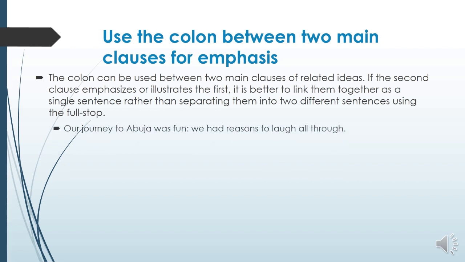Look at this example. Our journey to Abuja was fun: we had reasons to laugh all through. So the second part of it, which is we had reasons to laugh all through, emphasizes the first part of the sentence, that is the first main clause, which is our journey to Abuja was fun.